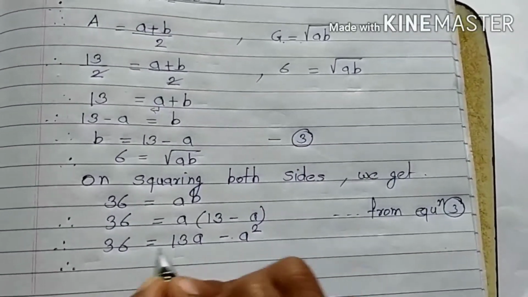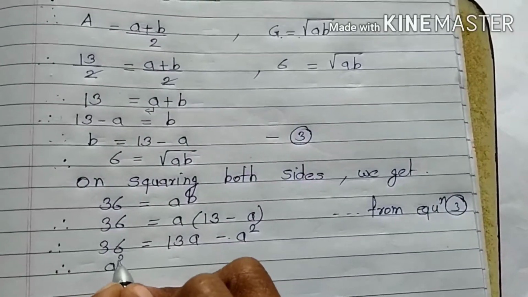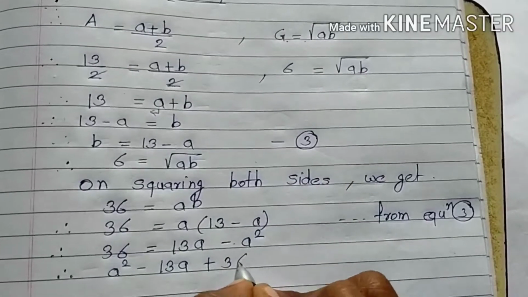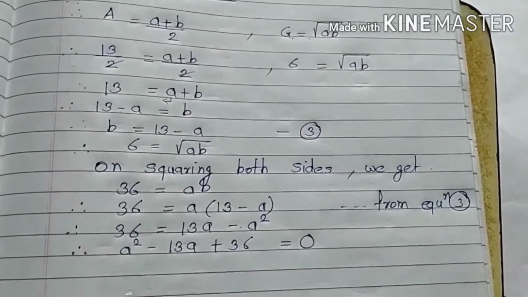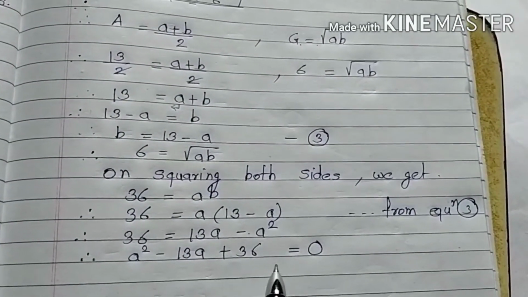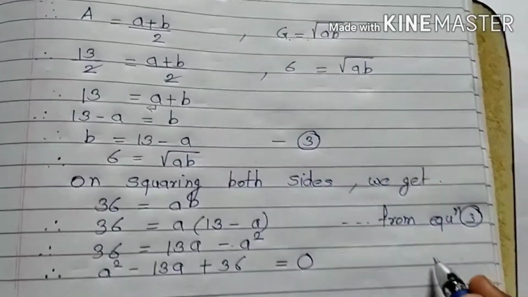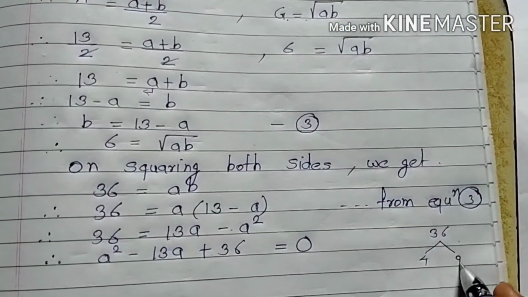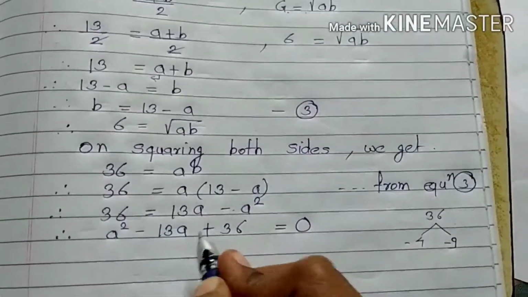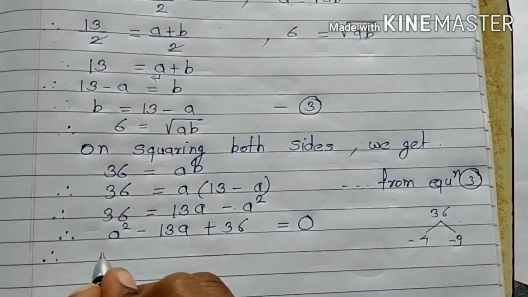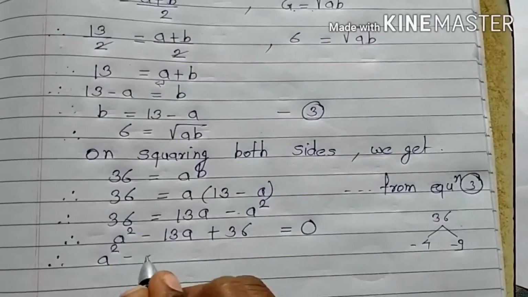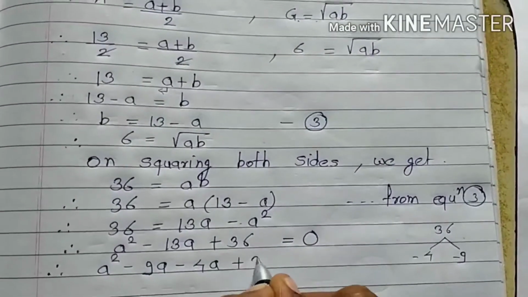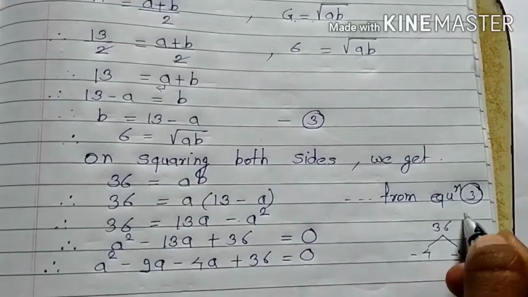So take all terms on the LHS side. This is a² − 13a + 36 = 0. Now this is our quadratic equation, we have to solve it. So 36 is 4 into 9, and 4 plus 9 is 13. Therefore a² − 9a − 4a + 36 = 0.